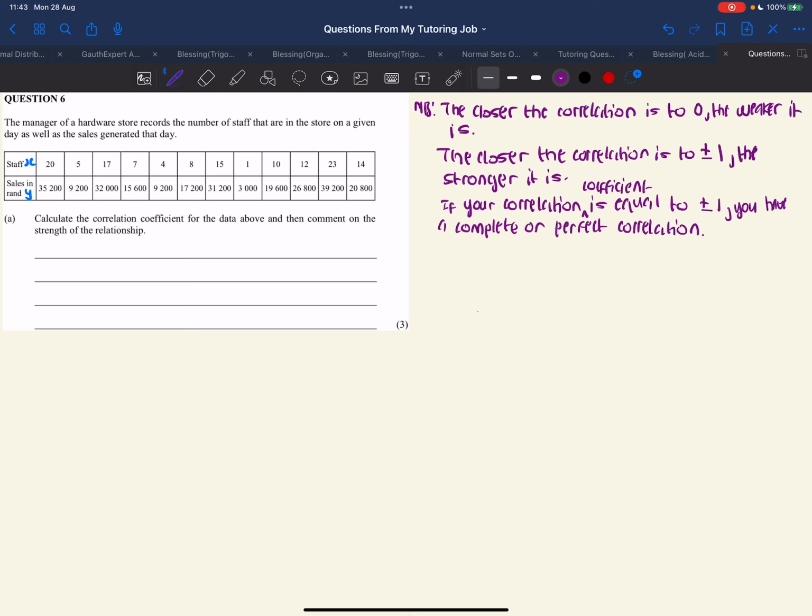All right, those are the 3 things that I need you to look out for whenever you are dealing with the correlation coefficient and its relationship.